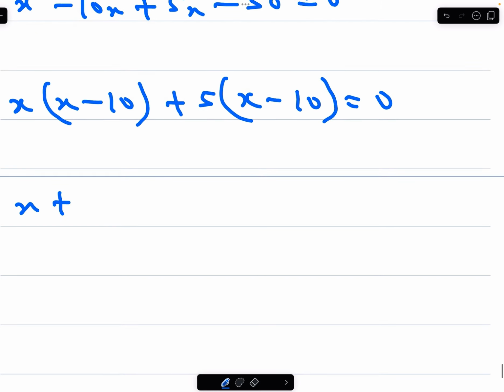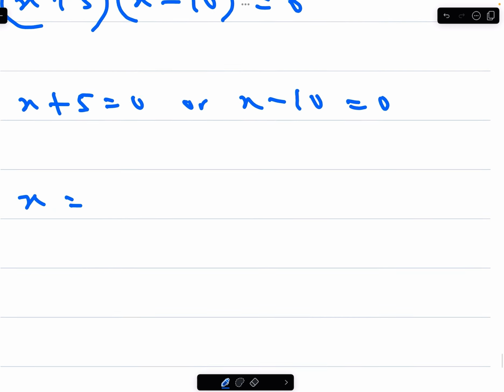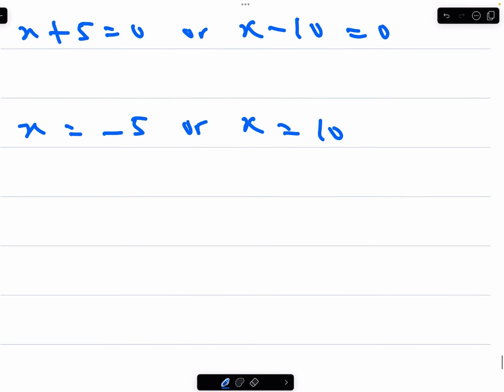This is the same as x plus 5 times x minus 10 equals 0, which means x plus 5 equals 0 or x minus 10 equals 0. That simply means x equals minus 5 or x equals 10. And that's it, very, very simply. Let's go straight to the next, which is number 2.